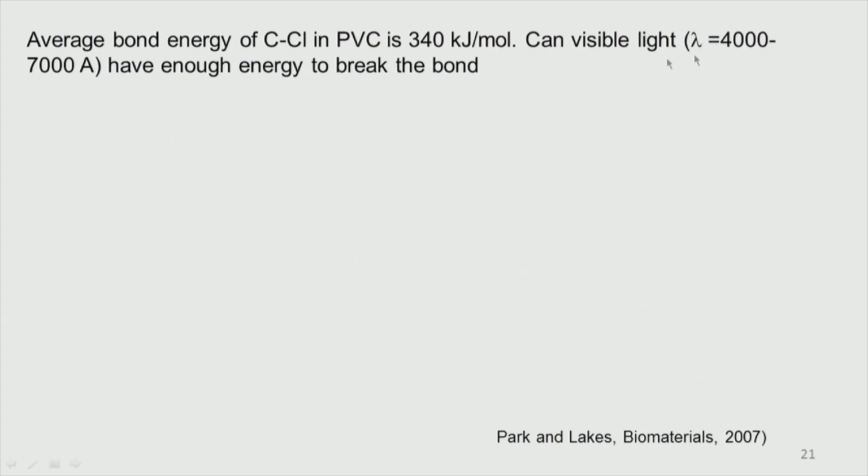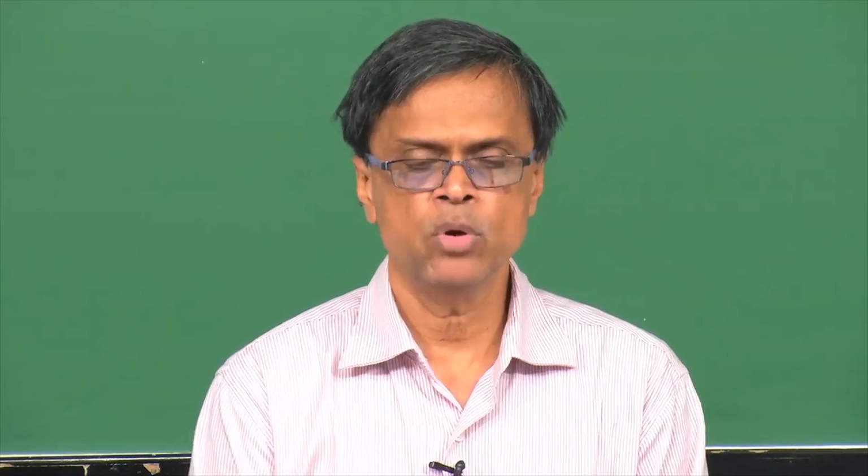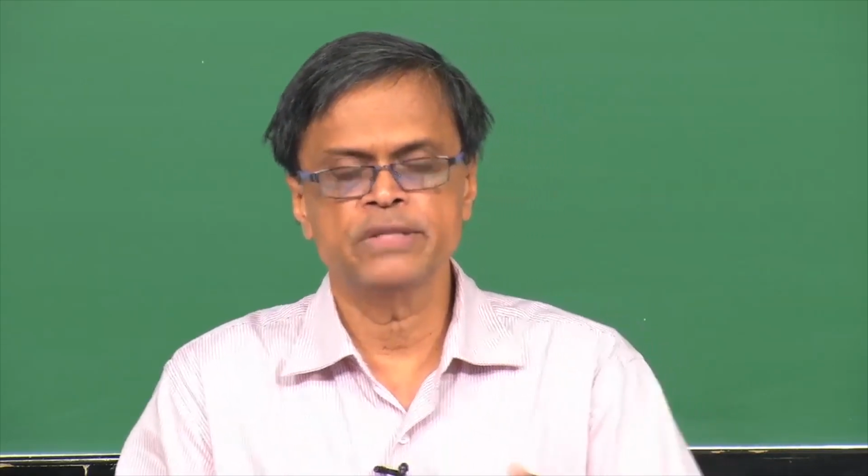So, we need to calculate whether the energy is greater than 340 so that it can break the bond. Okay. This can happen especially when I have a biomaterial which is made up of PVC, and I am trying to sterilize it using UV radiation. Will the bonds get broken? I need to do that. So, with respect to that, this is a very important problem.